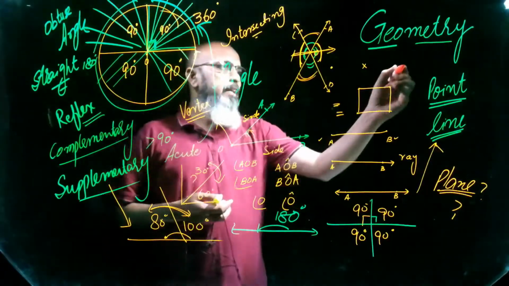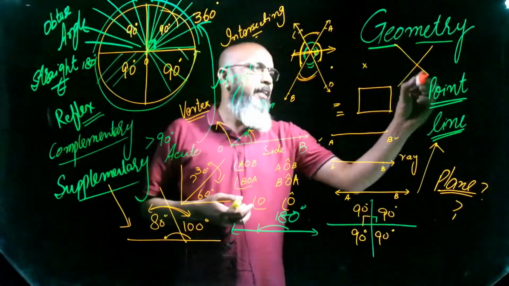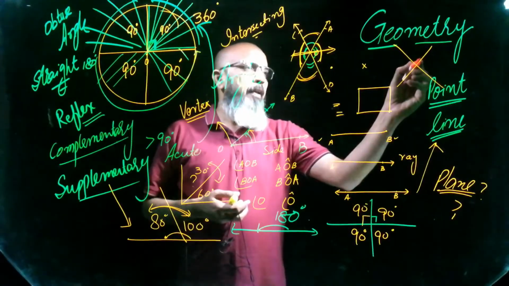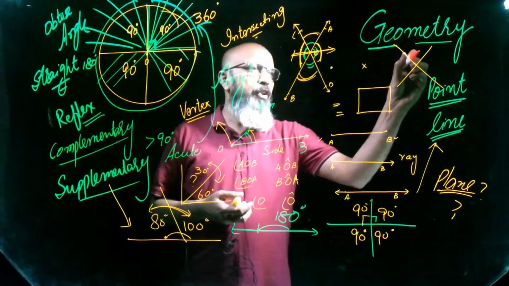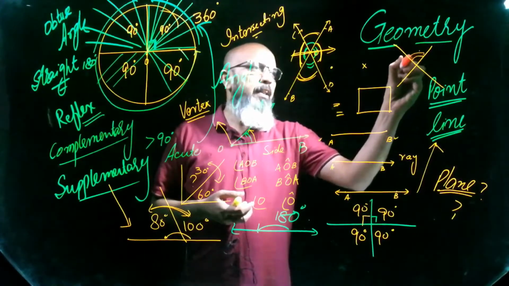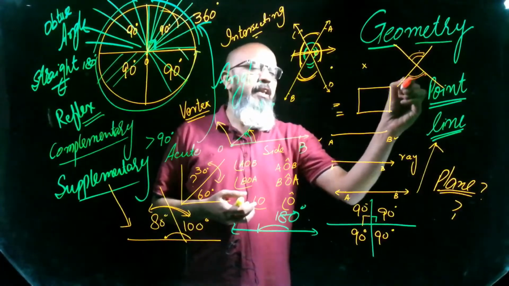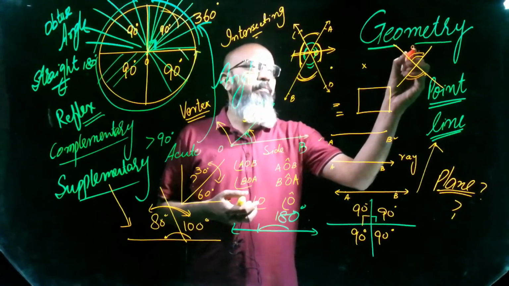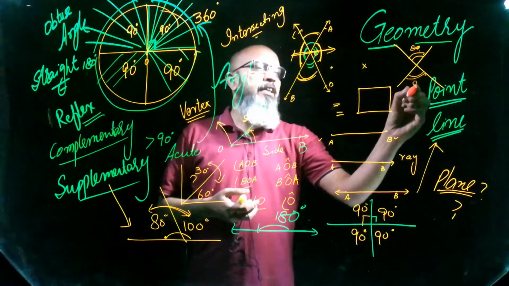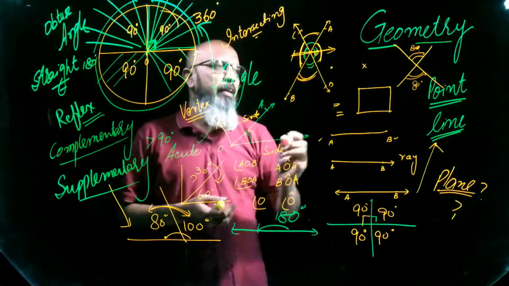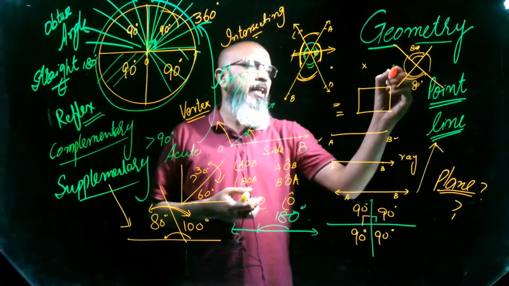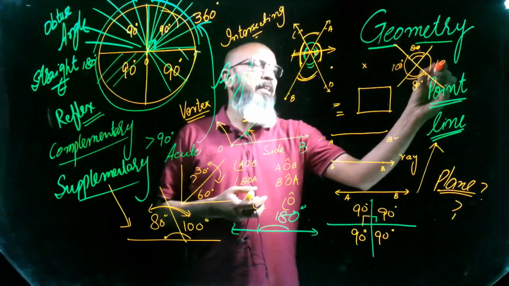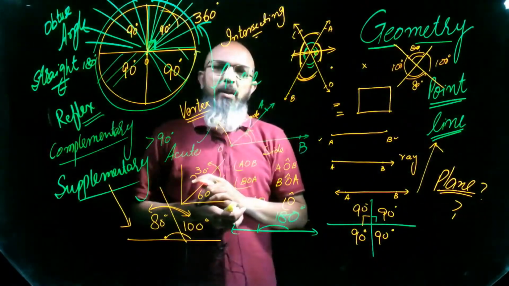If I draw another pair of intersecting lines, two intersecting lines make 4 angles and opposite angles are the same. If this angle is 80 degrees, then this opposite angle is also 80 degrees. Similarly, this angle is equal to this one. So if this angle is 100 degrees, this angle is also 100 degrees.